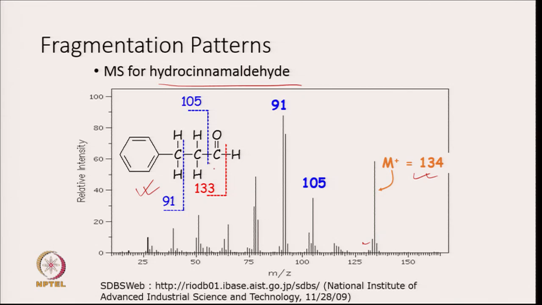Then if there is a loss of the COH group, that is M minus 29, so 134 minus 29 gives 105. If there is a break here, you will get a peak at 91, and then a peak at 77 can be observed because of the phenyl ring.